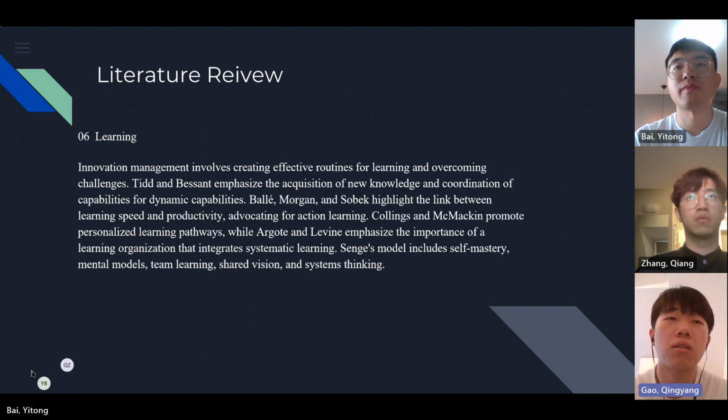Collin and Mikeken promote a personal learning pathway, while Argyris and Senge emphasize the importance of a learning organization and integrated systematic learning. The model includes self-mastery, mental models, team learning, shared vision, and systems thinking.